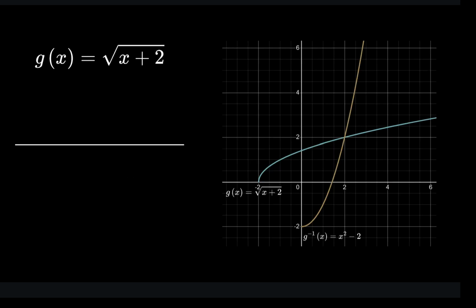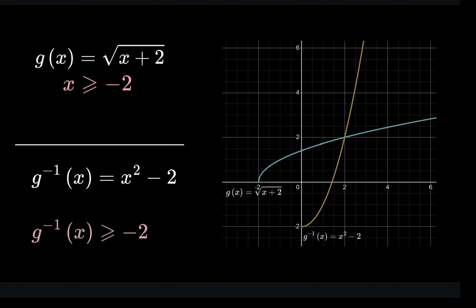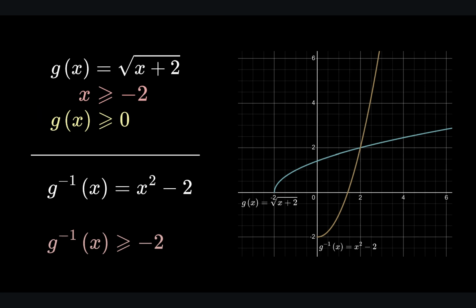An example would be square root of x plus 2, of which its inverse will be x squared minus 2. Since we know the domain for g of x is x more than negative 2, we know the range of the inverse must be more than negative 2. And since we know the range of g, which is more than 0, we know the domain for its inverse.